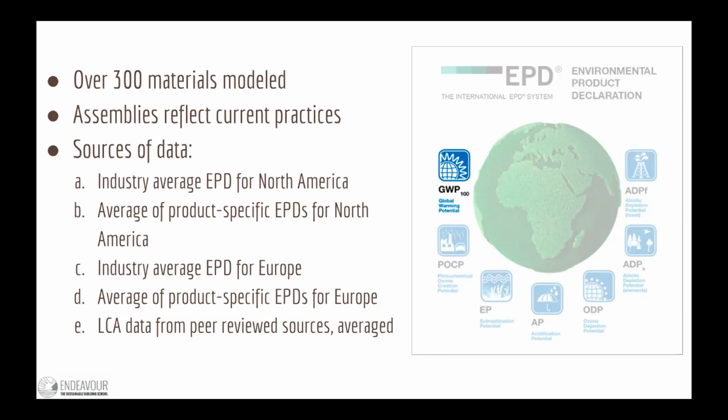And then again, if that wasn't available, an average of product-specific EPDs from Europe. And if none of that was available, I would go to peer-reviewed LCA data, and I never used less than 3 LCAs. And so again, those were averaged. So, trying to take a snapshot, not of comparing a particular product or manufacturer, but of product types and material types.